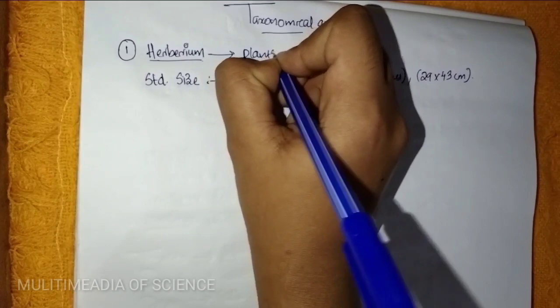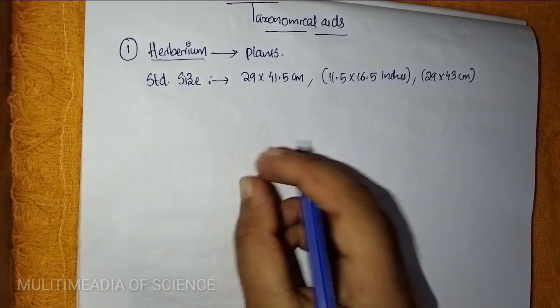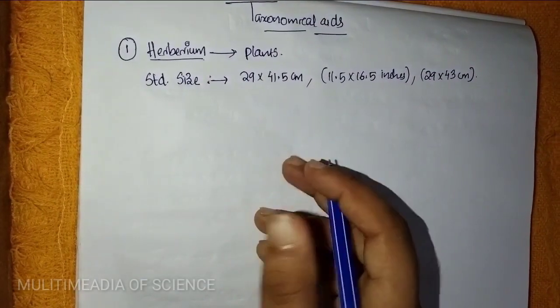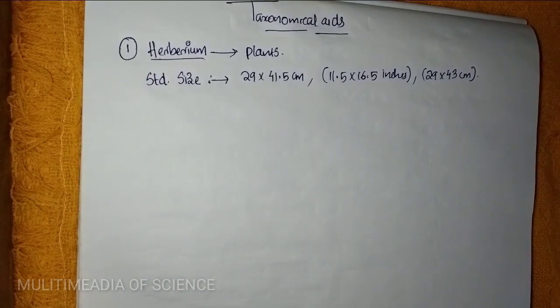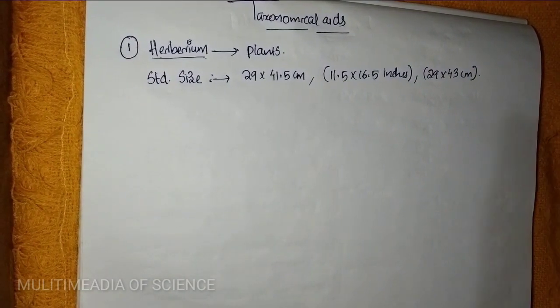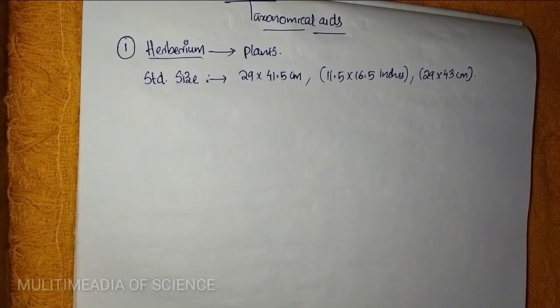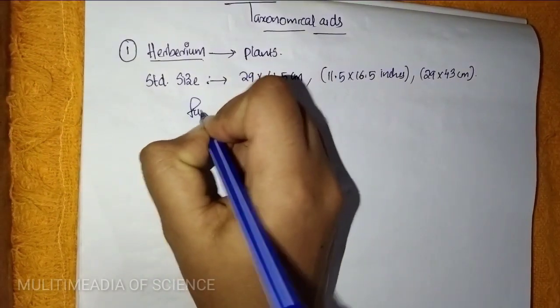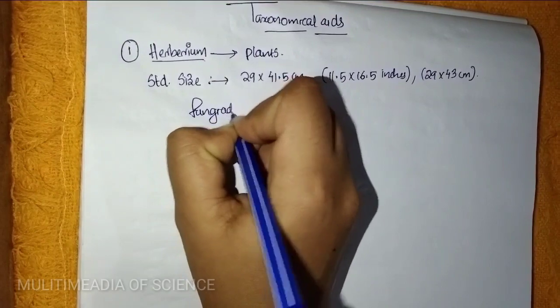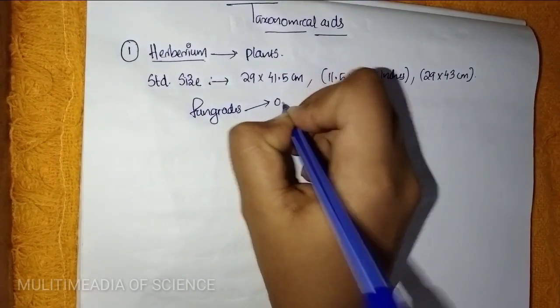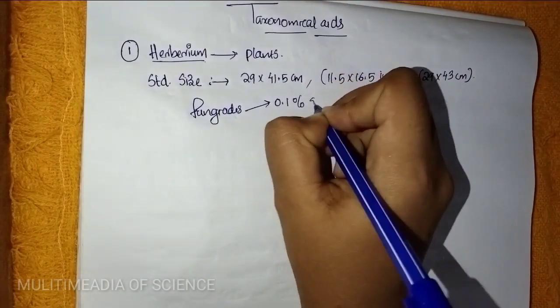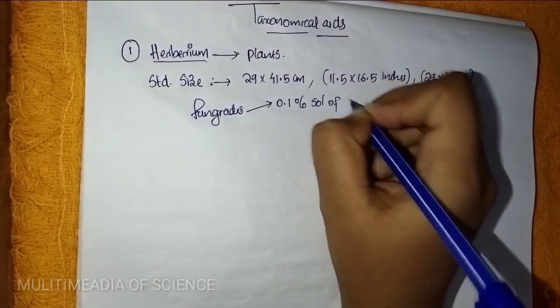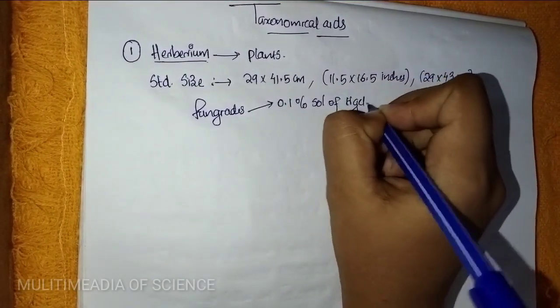In herbarium preparation, the dried specimens, herbarium is mainly meant for plants, and these are preserved under some specific conditions. Which are they? In herbarium, the dried specimens are sprayed with fungicides, like a 0.1 percent solution of HgCl2. What is HgCl2?